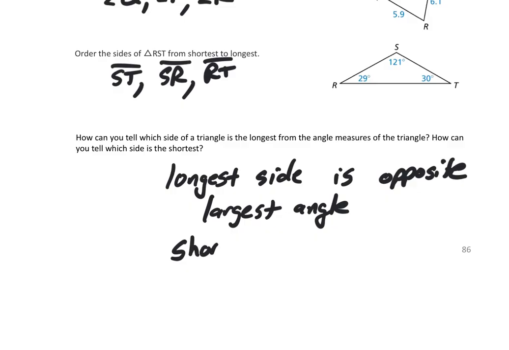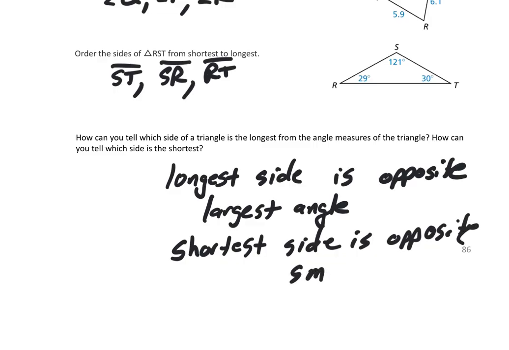The shortest side is opposite the smallest angle. That's everything that we're talking about in that triangle inequality theorem, just comparing sides and angles.